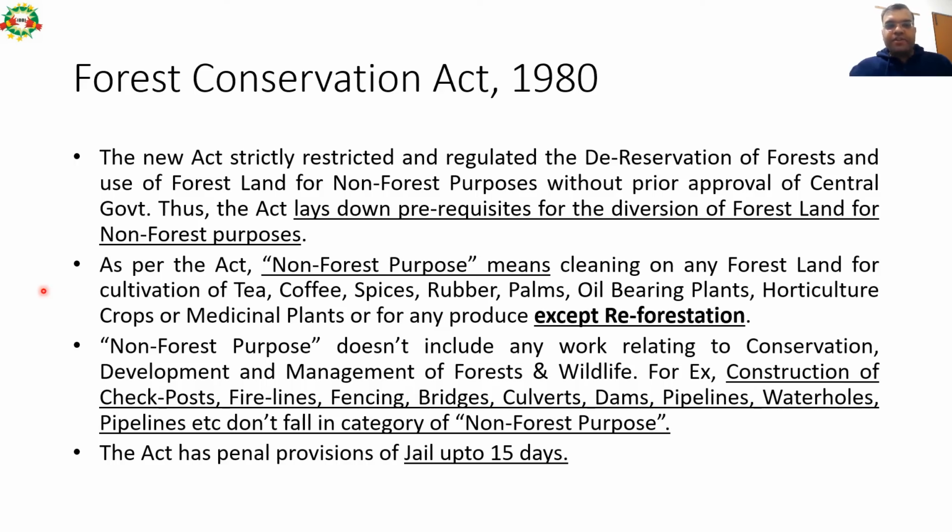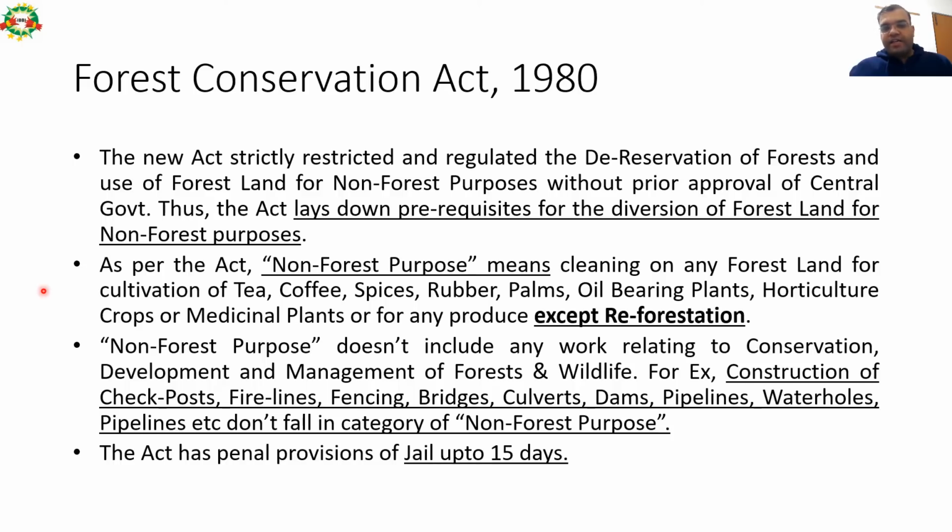The new act strictly restricted and regulated the de-reservation of forest and use of forest land for non-forest purpose without prior approval of the central government. Thus, the act lays down prerequisites for the diversion of forest land for non-forest purpose.